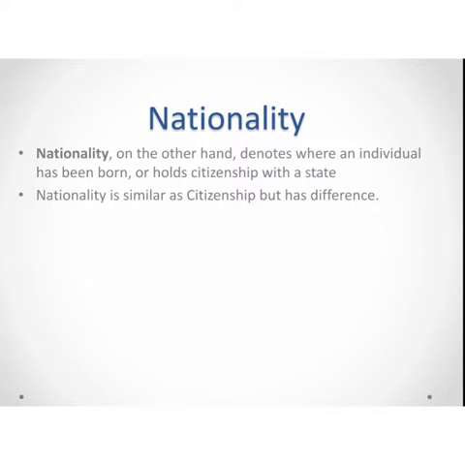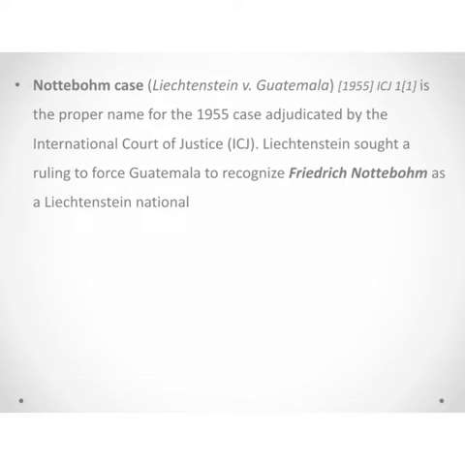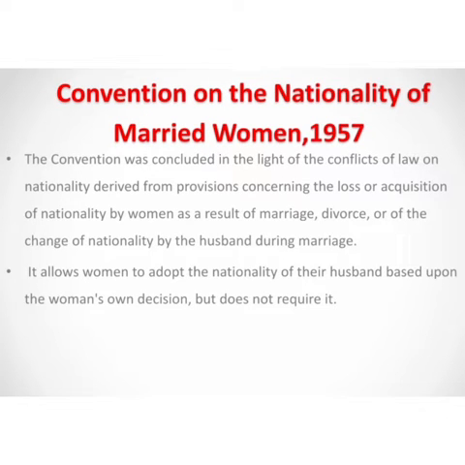Who can take up his case before the ICJ, or any other international forum? Only India can take up his case. This has happened typically in a case called Guatemala versus Liechtenstein, popularly known as the Nottebohm case. If you study international law, you may get a more detailed account of all these things.